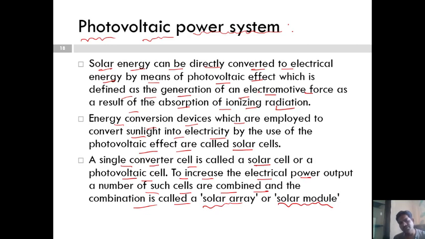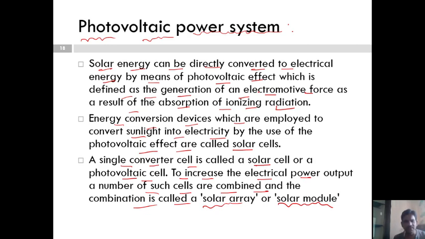So to avoid these resources, we can focus on non-conventional energy sources, and by using them we can generate electricity that is very clean. It is free electricity, meaning no pollution.